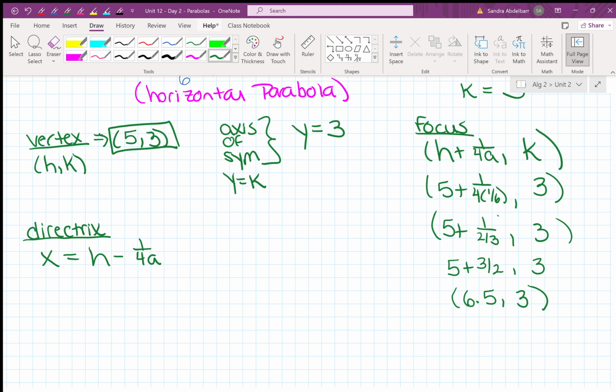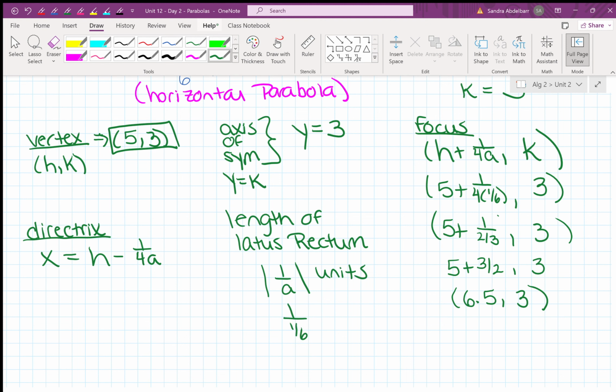All right, length of latus rectum. Is it the same as last time? Yeah. So no matter what, whether it's vertical or horizontal, it's 1 over a units long. So this is going to be 1 over 1/6, which is 6 units. And remember, what does that 6 units mean? 3 to the left of the focus point and 3 to the right of the focus point.